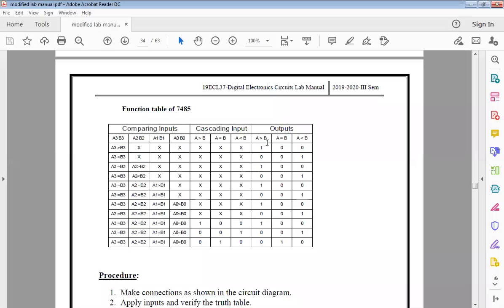This section we have already seen, which is outputs, the greater than, equal to and less than. We have already seen this.